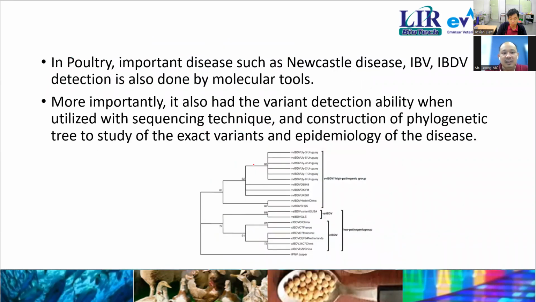So in talking about poultry, there are important diseases like Newcastle disease and infectious bursal disease, IBV or IBDV. The detection can also be done using molecular tools, especially since IBV and IBDV have a lot of variants, like the highly pathogenic group and the low pathogenic group.